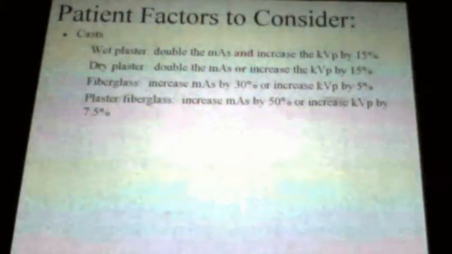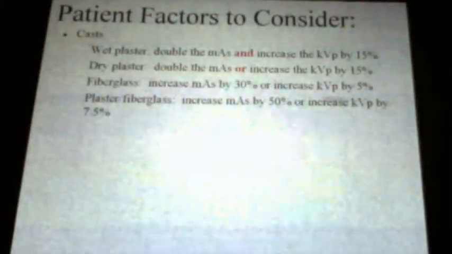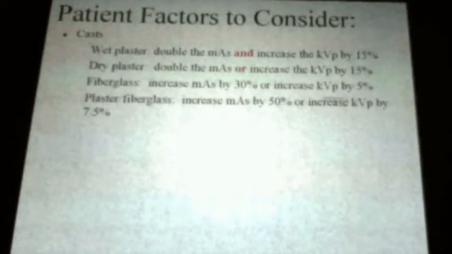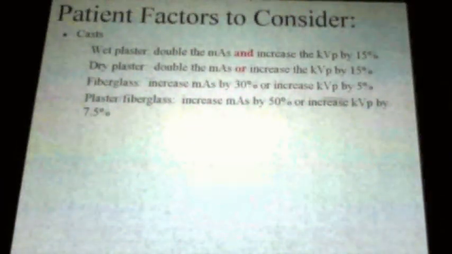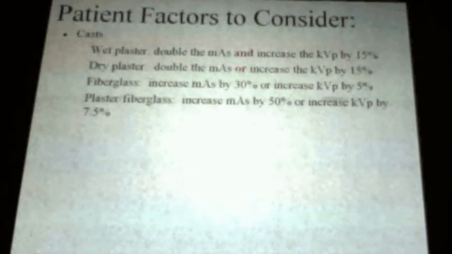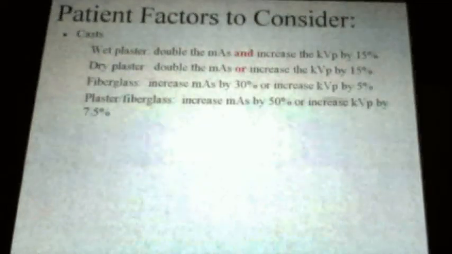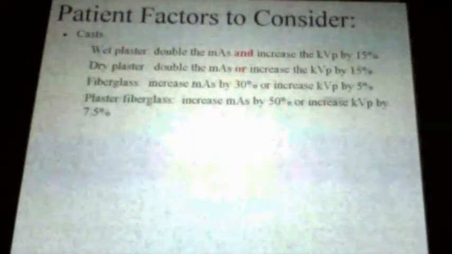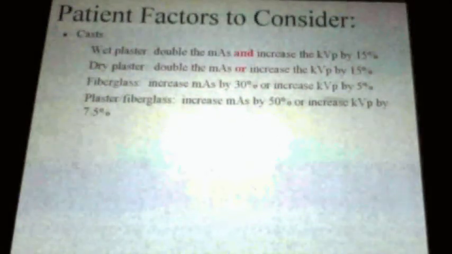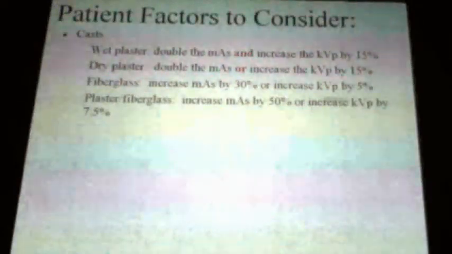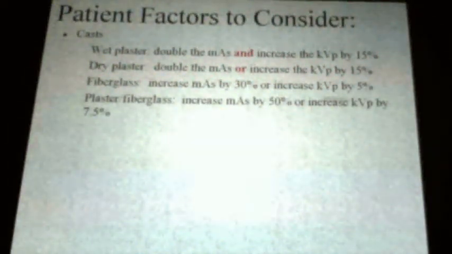So if you go in reverse, with that new technique, 60 kVp at 5 mass, what would you use if you added a plaster cast? You would use 60 kVp and 10 mass. So you can go up or down on this. If you add a plaster cast, you would double your mass. You go back to 10.